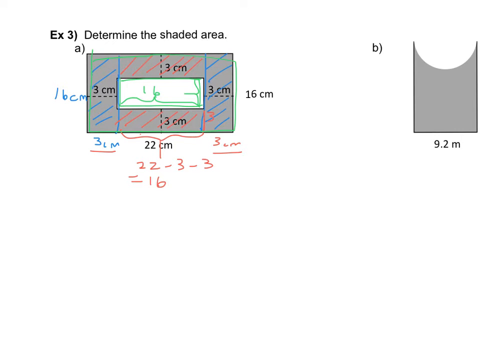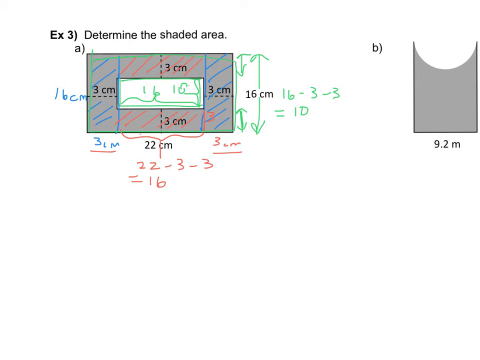And to get that, we have 16 all the way across here, and then we could take the 3 from this part away from the 16 and the 3 from this part away from the 16. So 16 take away 3, take away another 3 is going to give you 10. So that inner rectangle is a 10 by 16 rectangle.